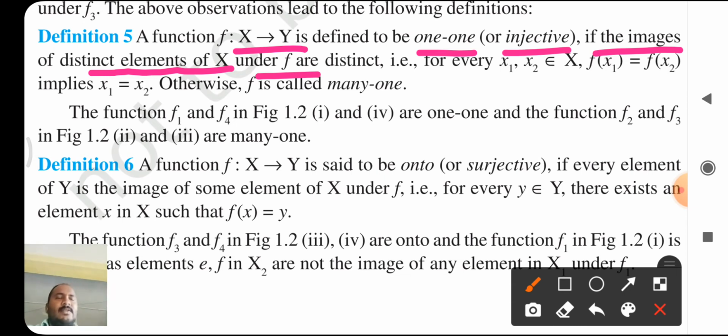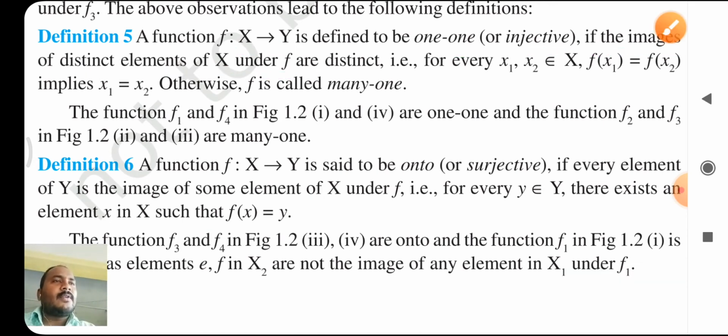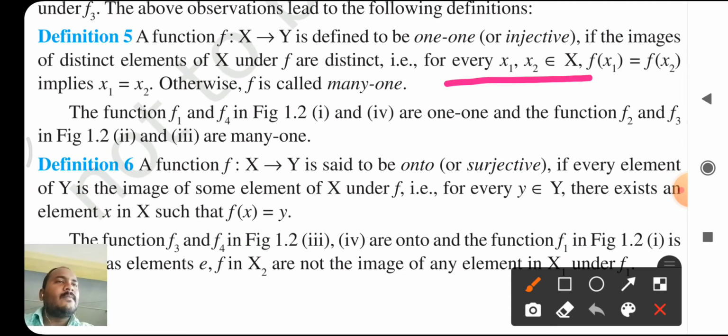This is the definition for a 1-1 function. That is, for every x1, x2 belonging to X, the domain of the given function, f of x1 is equal to f of x2 implies that x1 is equal to x2. This is the mathematical definition for a 1-1 function.